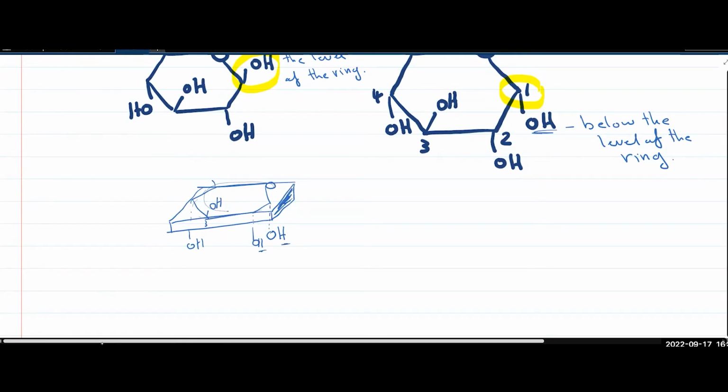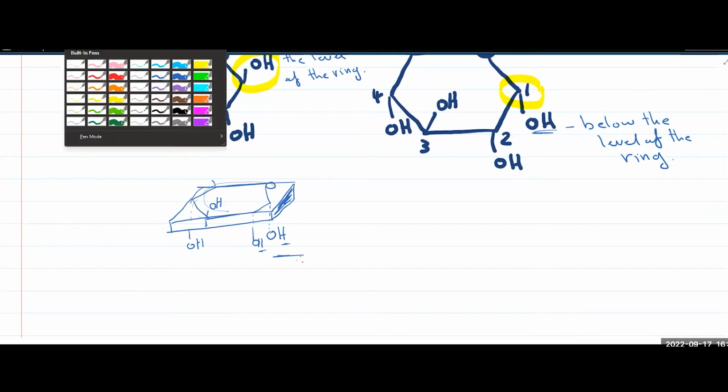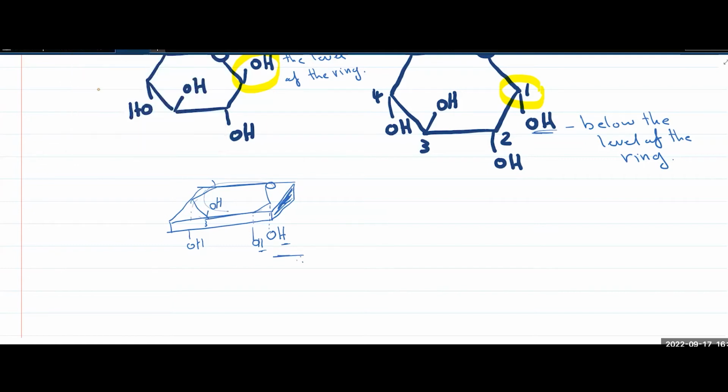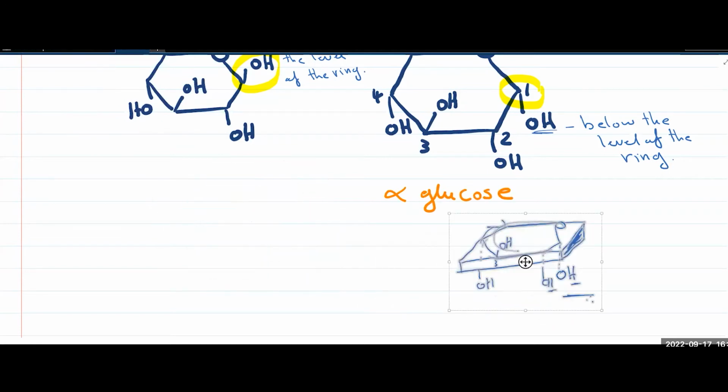If it is found below the level of the ring in that way, that glucose is called alpha glucose. That glucose will be called alpha if it is arranged below the level of the ring in that way. And if it is alpha, the opposite of alpha is beta, right?